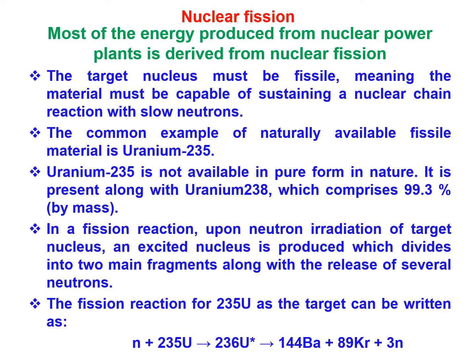In a fission reaction, upon neutron irradiation, that is, when the neutron strikes the nucleus, an excited nucleus is produced, which divides into two main fragments along with the release of several neutrons. Please look at this equation, where the neutron irradiates the nucleus of uranium-235, which will undergo a chain reaction.